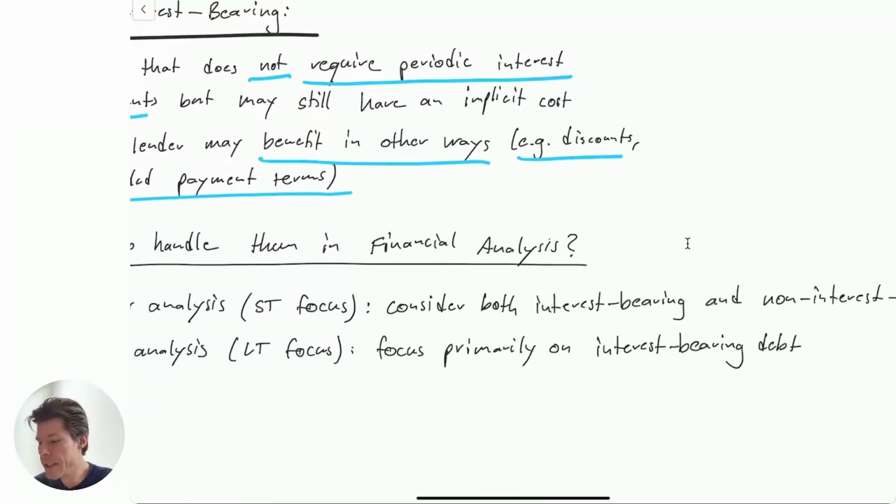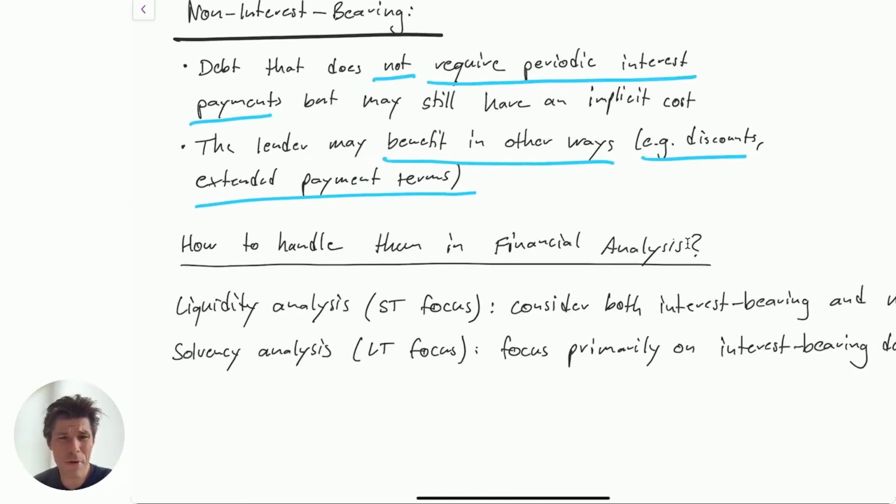Because liquidity short-term really measures whether a company can meet its short-term obligations, and companies must repay both interest-bearing debt and non-interest-bearing liabilities. So because it has an effect on companies' short-term obligations, I would include both.